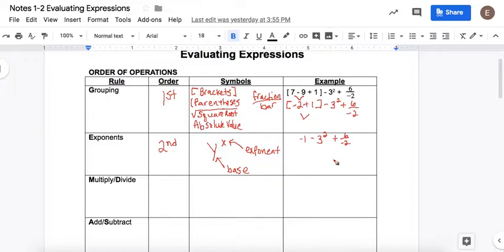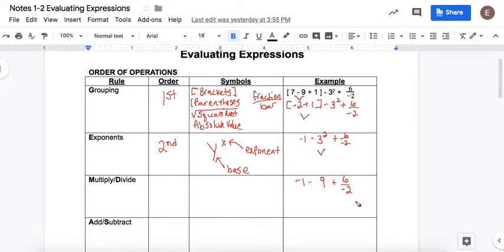So let's look here, and we see an exponent here, so 3 squared is 9. So I'm going to put 9 in this box here, bring down the negative 1 minus 9 plus 6 divided by negative 2.